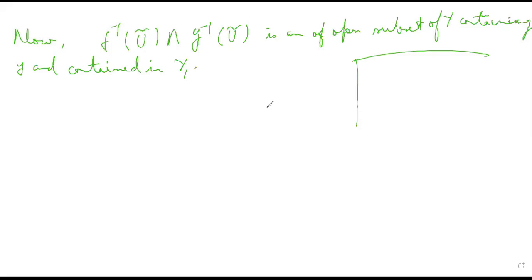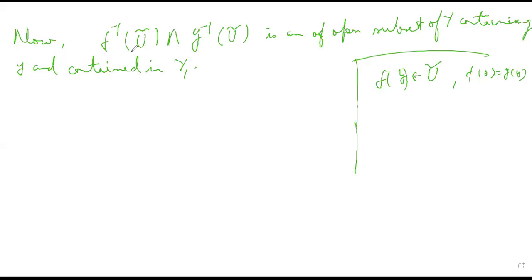Of course, because F and G are continuous, F inverse U tilde is open, G inverse U tilde is open, so the intersection of two open sets is open. And y is here because F(y) was in U tilde, and y was in Y1, and at points of Y1, F and G agree, so F(y) equals G(y).